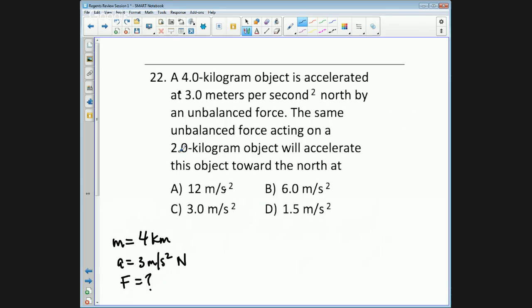The same unbalanced force acting on the 2-kilogram object, so now we have another mass, which is 2 kilograms, will accelerate this object towards the north at what? So we're actually solving for this second acceleration here. What's going to unify or bring these two objects together is Newton's second law, which is F net equals mass times acceleration.